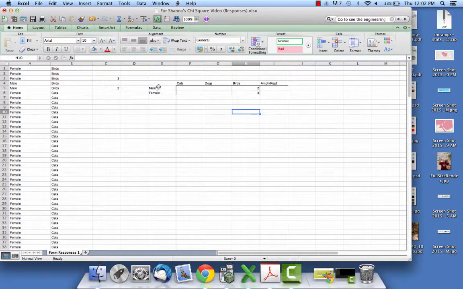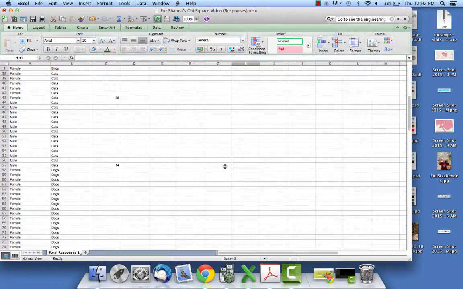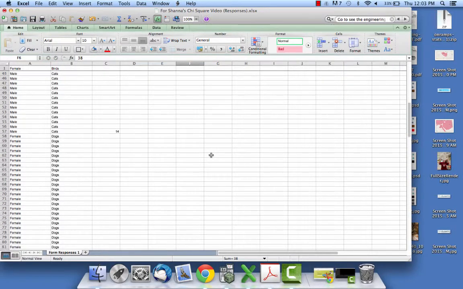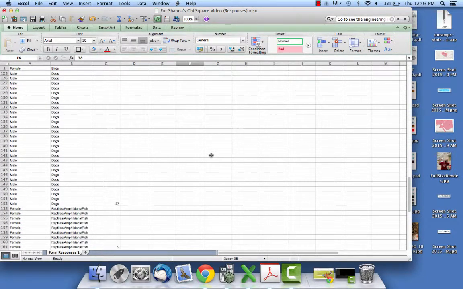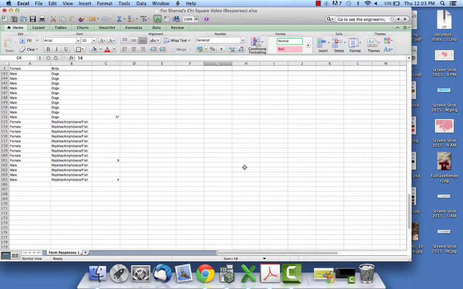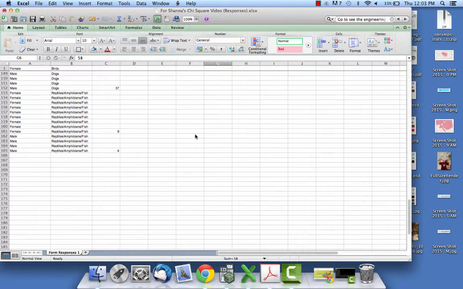I probably should have put female, male so that this would be in alphabetical order, and it would have been easier for me. But anyway, the cats are 38 female, 14 male. The dogs are 58 female, 37 male. And these are 9 female, 4 male.